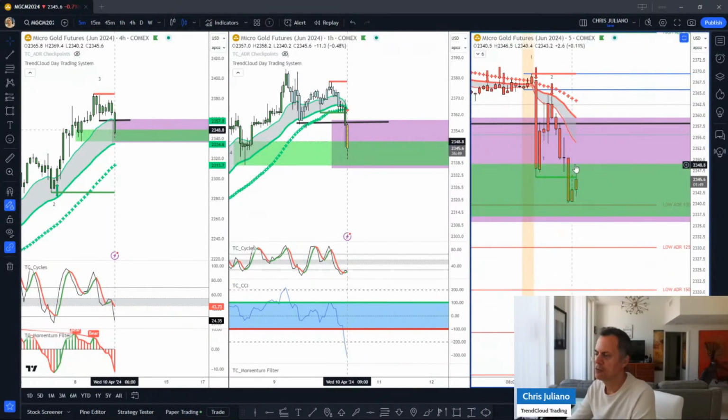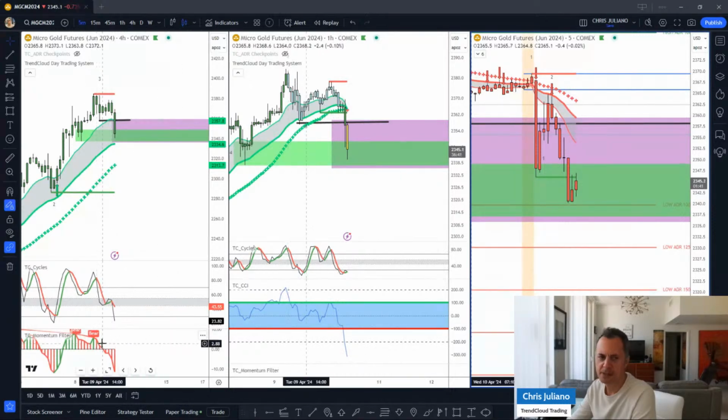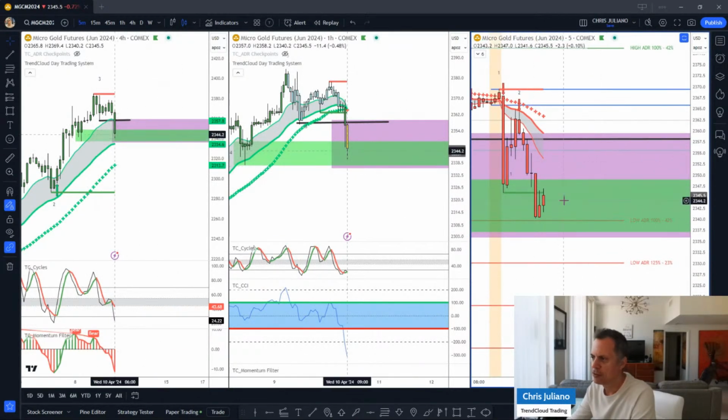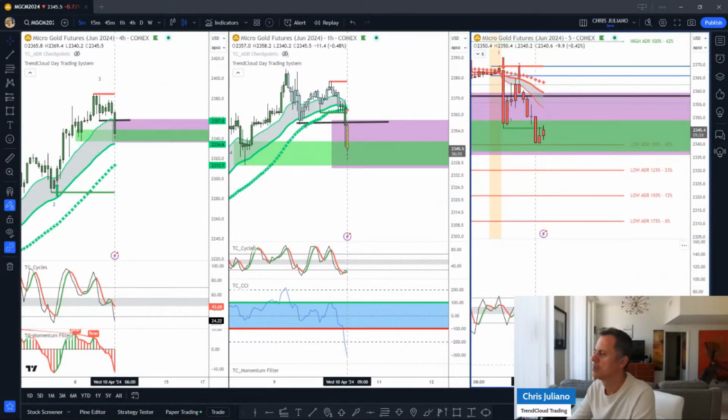In this particular case, we cannot take that demand zone because momentum is against us. If you want to get aggressive, then you wait for that cycle indicator to turn over. You can see it doing it right here.